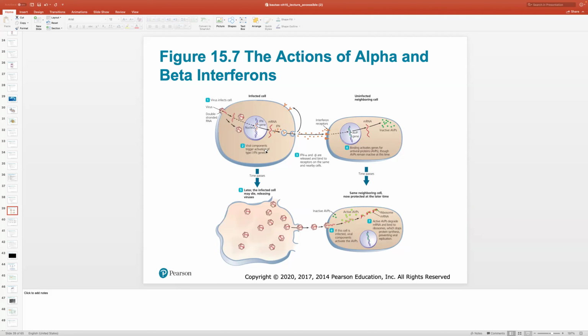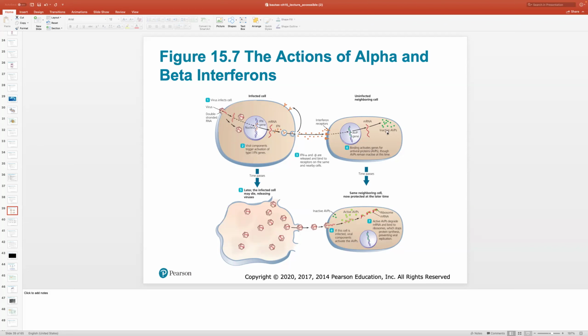Time passes. The ones that are secreted, the interferon alpha and beta, are released. They bind to receptors, either on the same cell or on nearby cells. And in the nearby cell, the binding will activate genes for antiviral proteins.